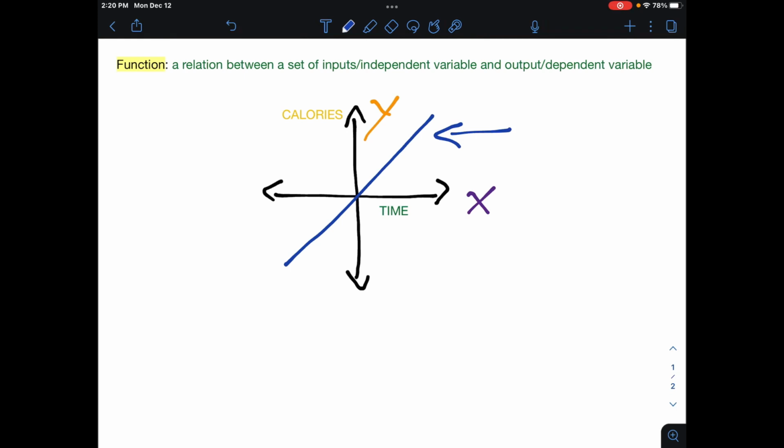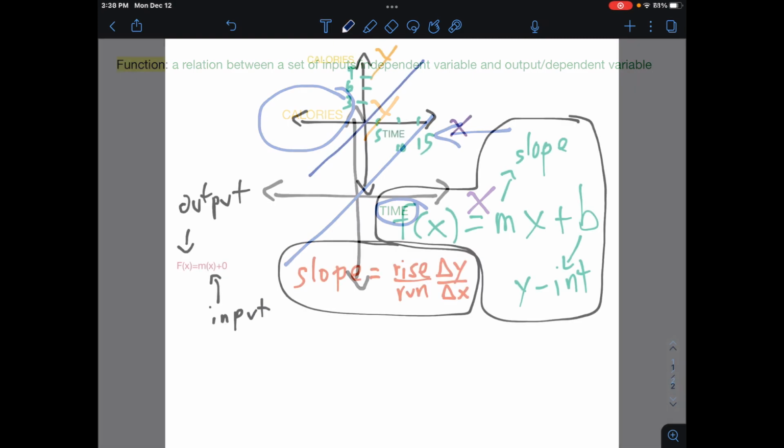And basically, the more time that we spend at the gym, if there is a constant rate of change, which there should be for a linear function, then the more calories we will burn. In theory, assuming this is a perfect exercise and we're not stopping to change a song or chatting and whatnot.